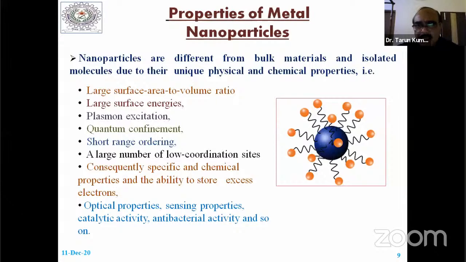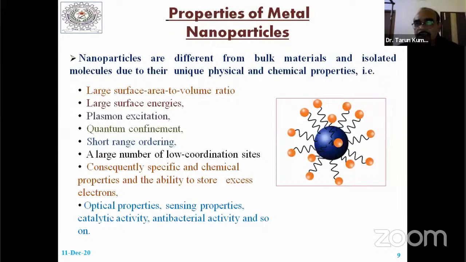from the bulk materials for these different properties. In the slide you can find the large surface area to volume ratio, large surface energies, Plasmon excitation, which I will discuss, quantum confinement, short range ordering, a large number of low coordination sites. So these are the different properties of nanomaterials. They have different optical, sensing and catalytic properties than the bulk materials.